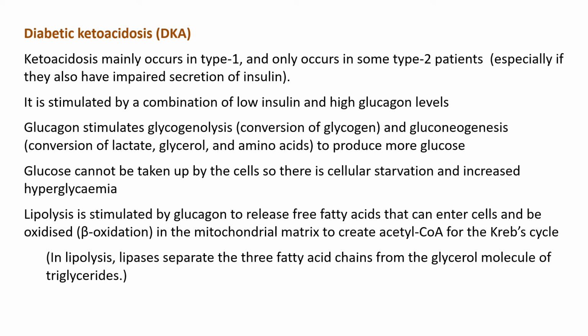This happens in the mitochondrial matrix, and what the upshot is that this process creates acetyl-CoA. And if you remember, acetyl-CoA then goes into the Krebs cycle, and then we have the whole end of cellular respiration, if you like, involving the Krebs cycle and the electron transport chain to produce ATP.